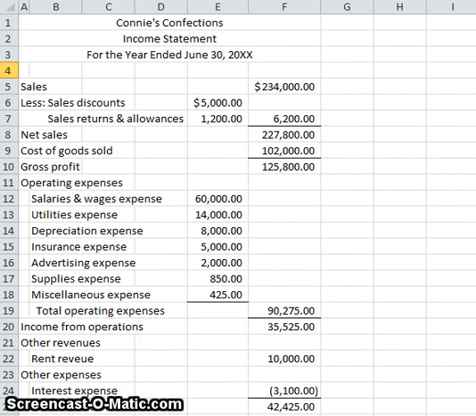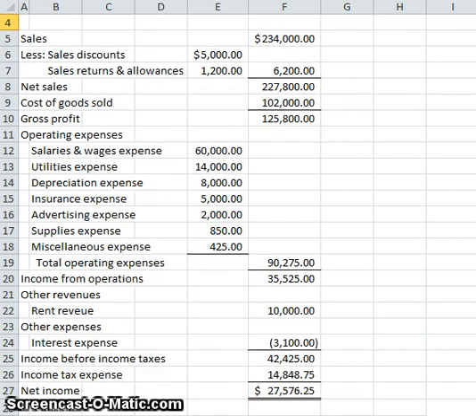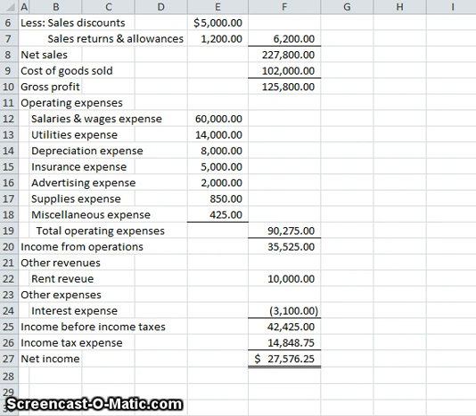So we take those other revenues and add them. We take other expenses and subtract them. If you had several of each, you'd list them in this column and subtotal them and then put the total out to the right hand side. But we only had one in each category, so we just went ahead and listed it out here in the totals. All right, when you subtract those from income from operations, you get income before income taxes.